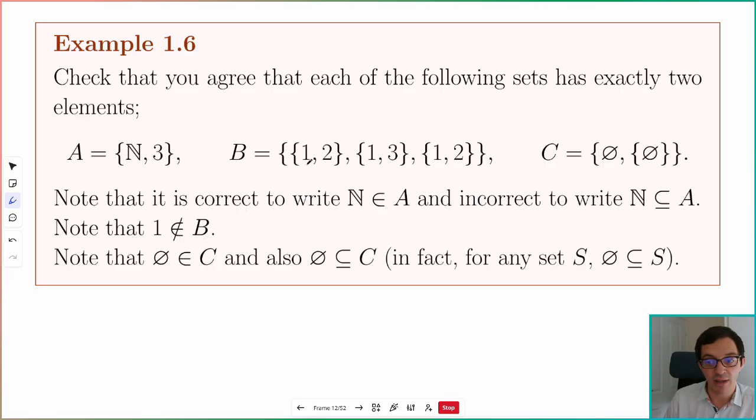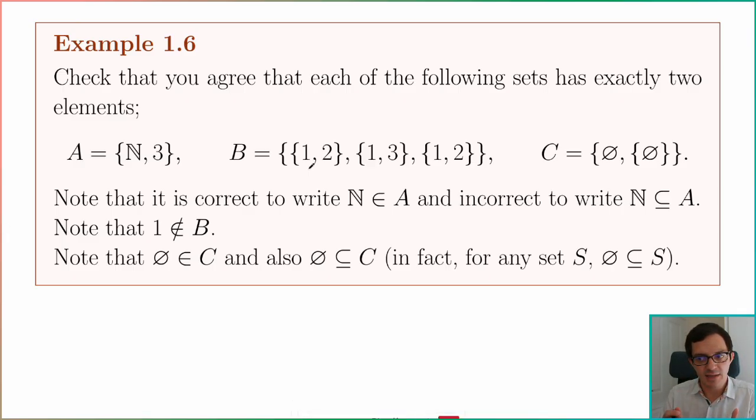Because I can see 1 here with a comma and some curly braces, but it's not an element of B because B doesn't contain the number 1, it contains sets. It contains this set with 2 elements, it contains this set with 2 elements, it contains this set with 2 elements. It doesn't contain the number 1.